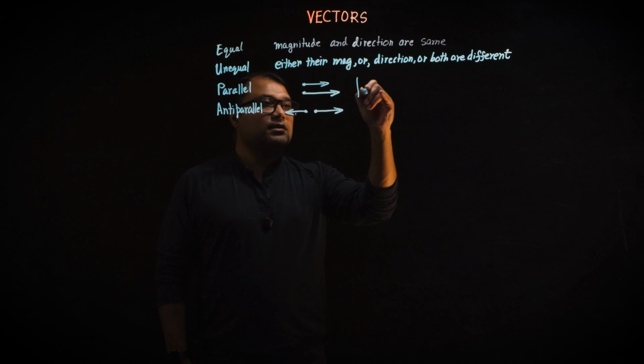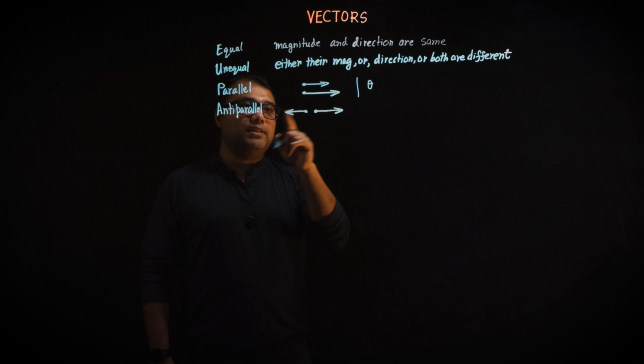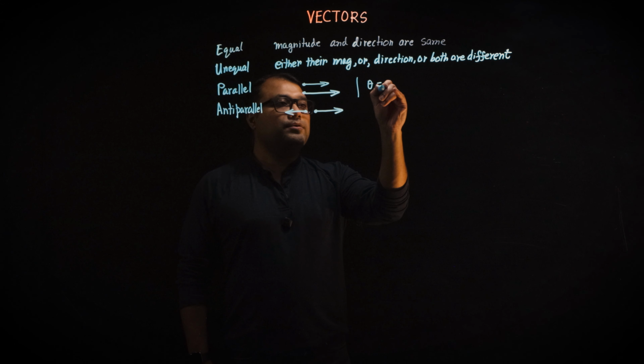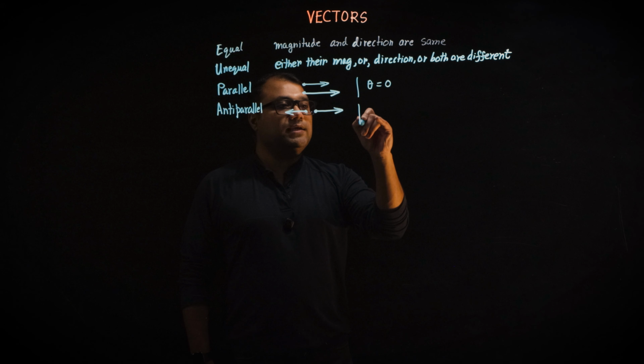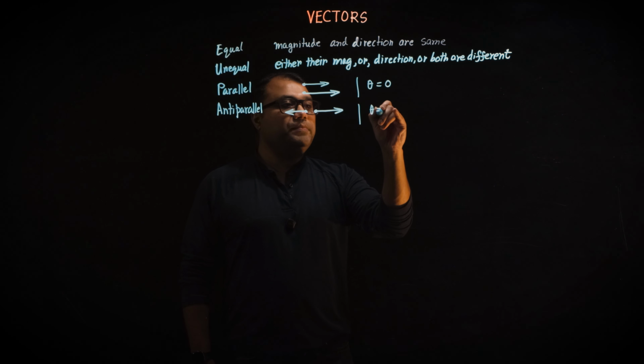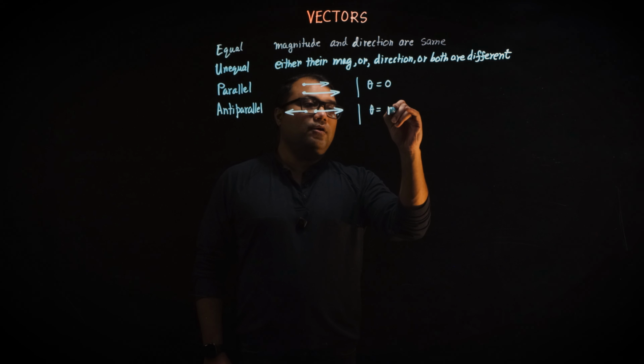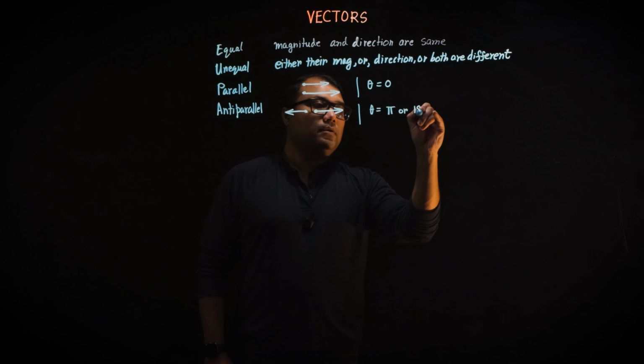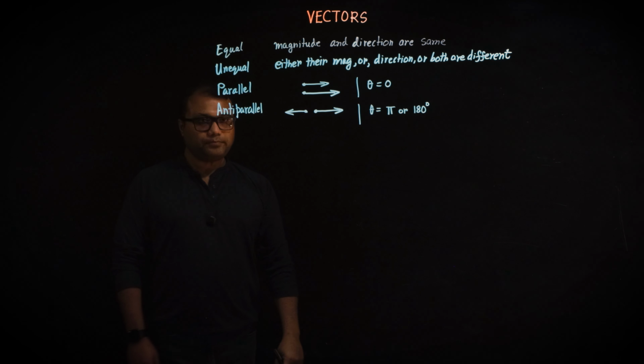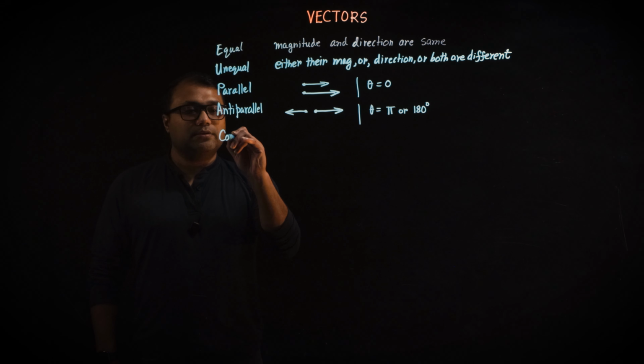In the parallel case, the angle theta between the two vectors is 0. In the anti-parallel case, the angle theta between the two vectors is pi or 180 degrees. Next is collinear vectors.